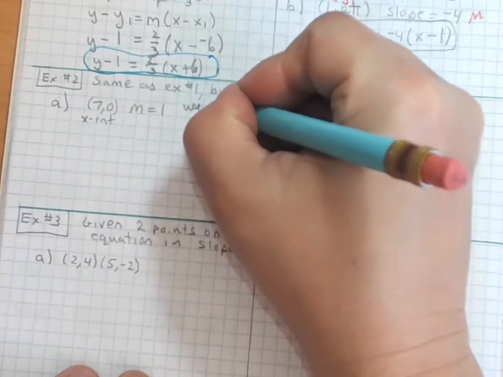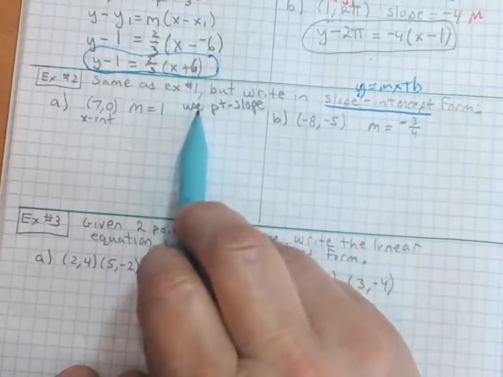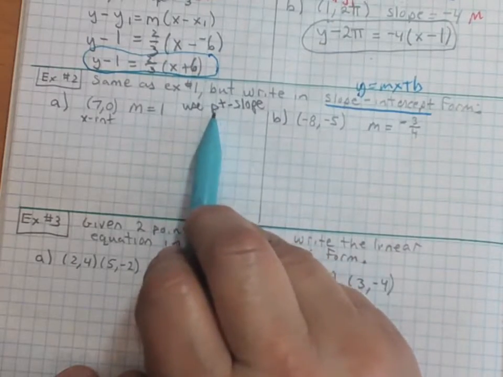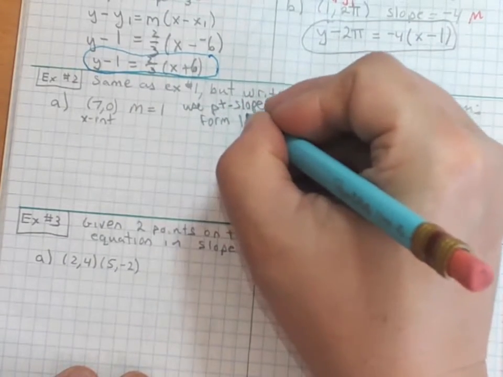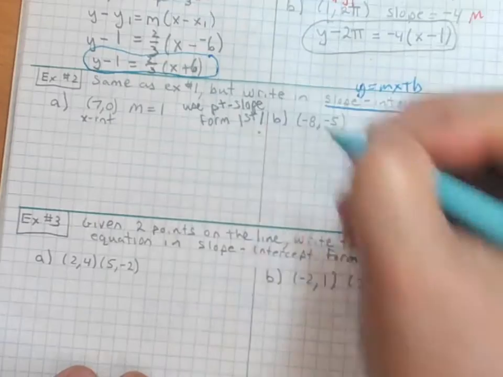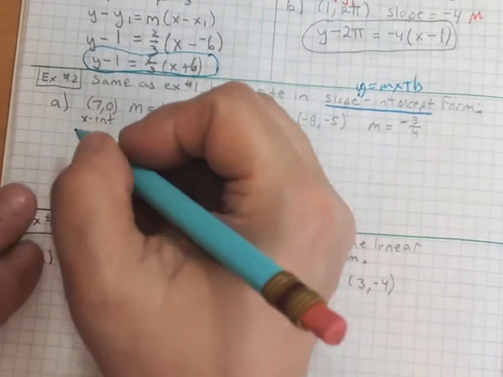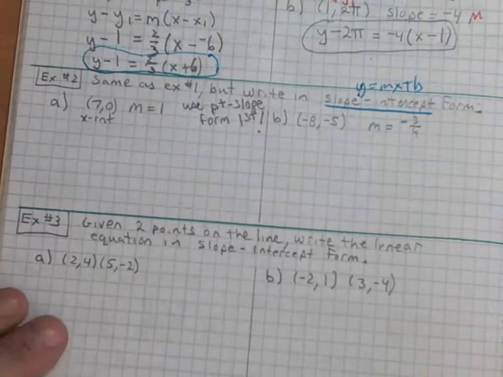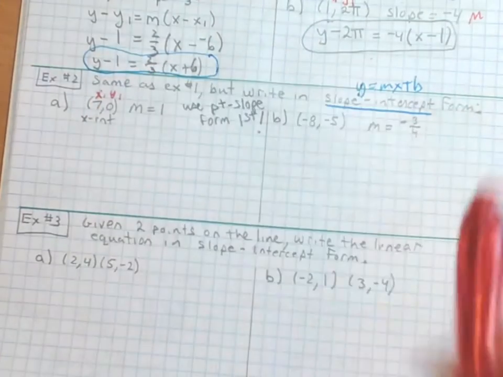Use point slope, and I think you can see I've abbreviated point as PT, point slope form first. Little note to self.